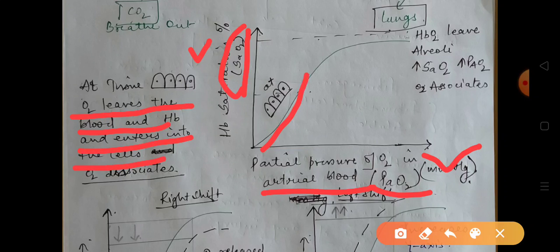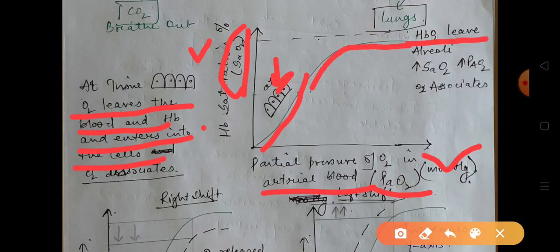So this is what dissociation of oxygen is. This portion is shown as dissociation of oxygen because over here oxygen is leaving the hemoglobin and entering into the tissues. Okay, so the highest peak is shown by the lungs. So in the lungs what will happen?